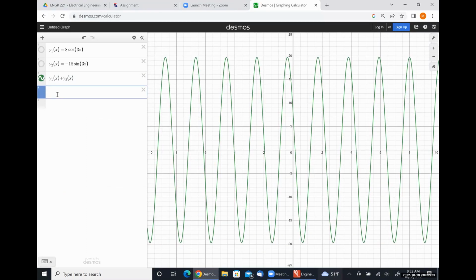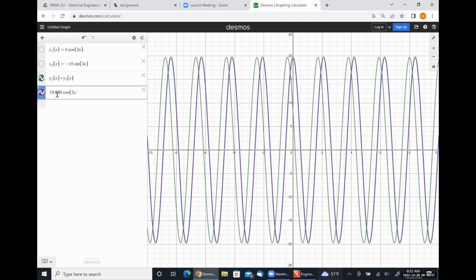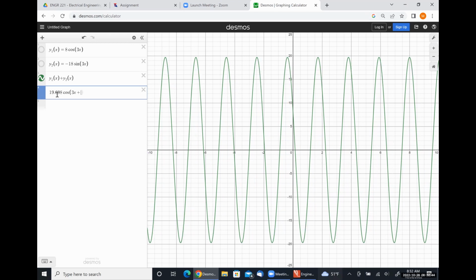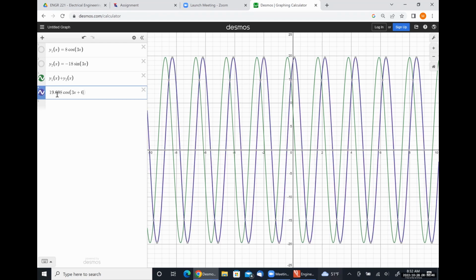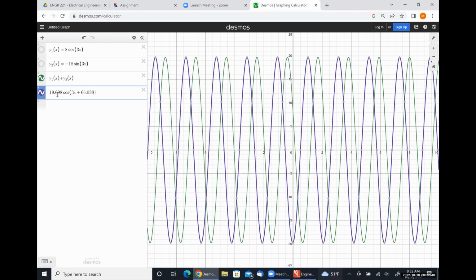So let's do something down here. So it was 19.6977, so 698 cosine of 3x. Looks like I'm going to be shifting it to the left, so I should have a positive phase angle. Things are looking pretty good. Plus 66.038.